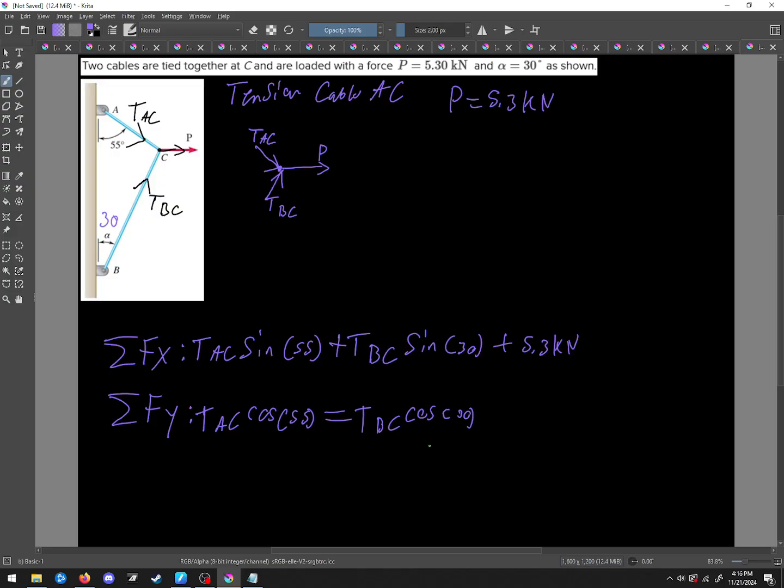we can set TBC, we divide this here by cosine 30. Then we get TBC on its own. So we can say this here is actually TAC cosine 55 over cosine 30, sine of 30.